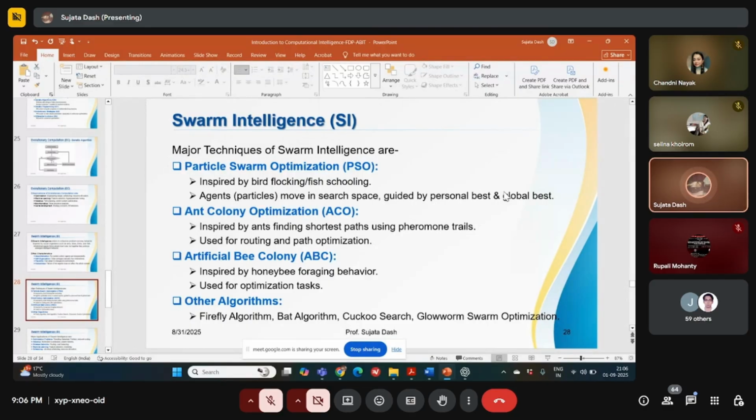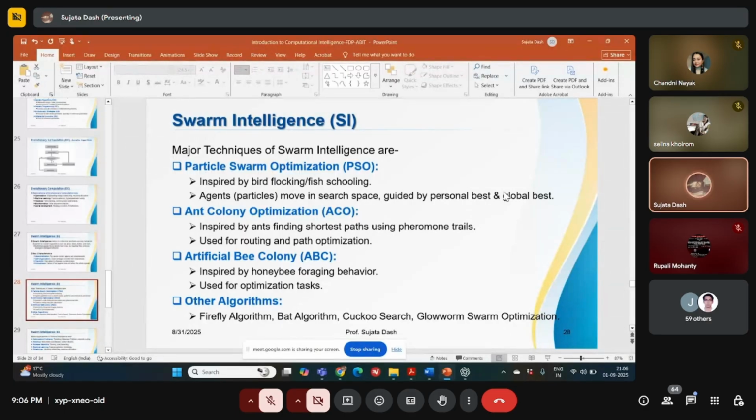So for routing problems, scheduling, and optimization problems, you can use ant colony optimization. And artificial bee colony mimics honeybee foraging behavior, and it is effective in optimization and clustering.